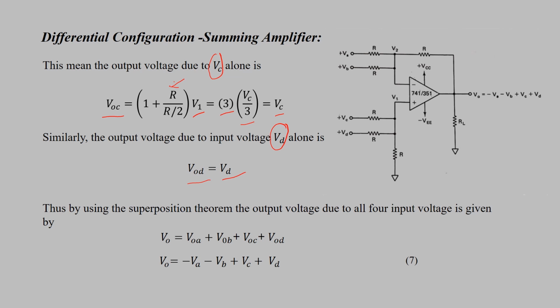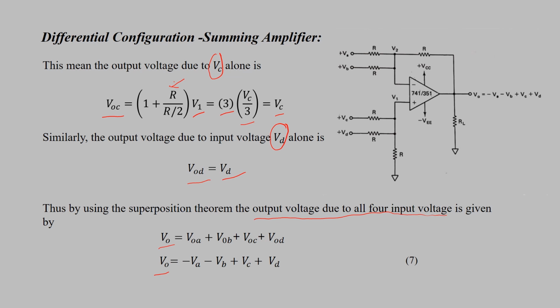Using the superposition theorem, the overall output voltage due to all 4 input voltages is given by VO equal to VOA plus VOB plus VOC plus VOD. So this becomes VO equal to minus VA minus VB plus VC plus VD.